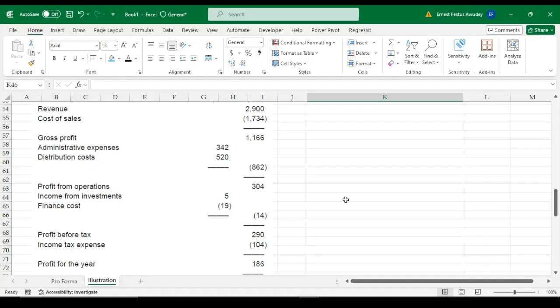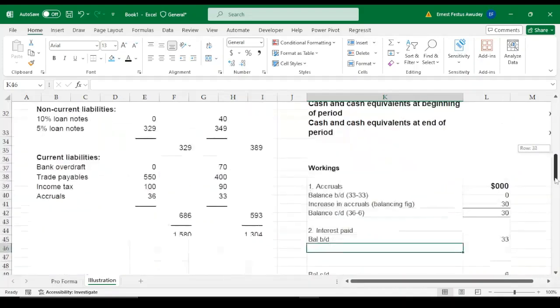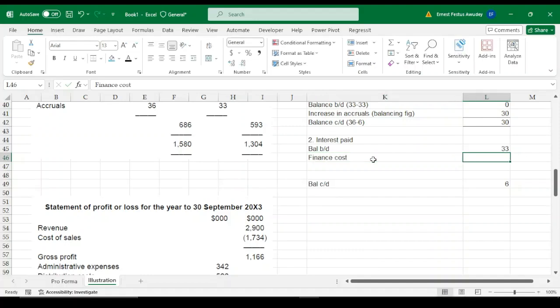So this finance cost of $19,000 is actually an interest payment, the interest you have paid on the loans we have taken. So when it comes to the calculation for interest paid, this finance cost is going to be included in calculating our cash interest payments. So what's the finance cost there? It is 19. So I'll put it right there.